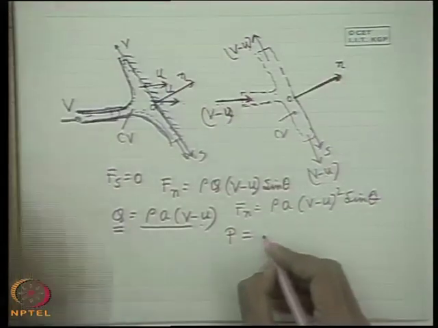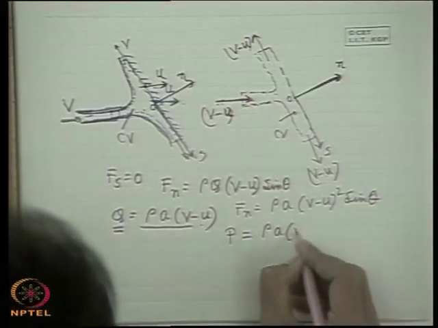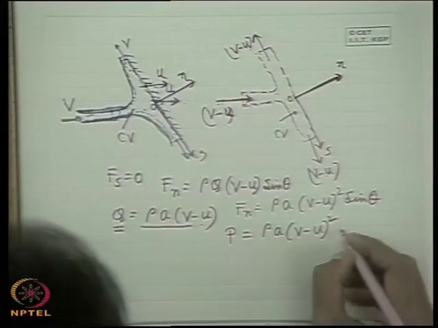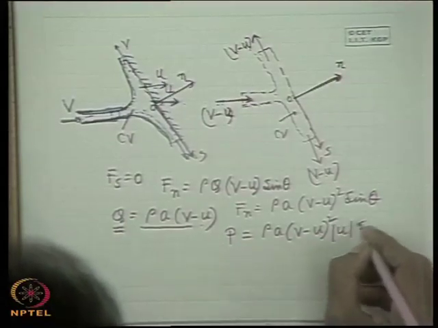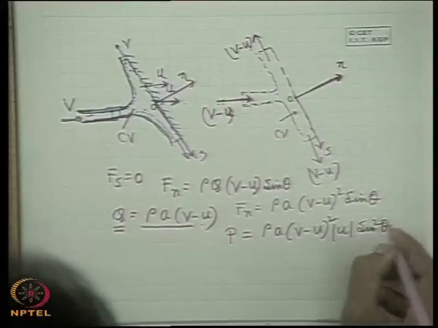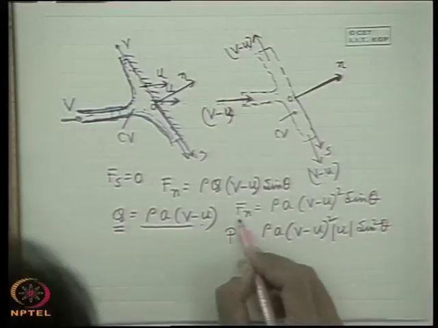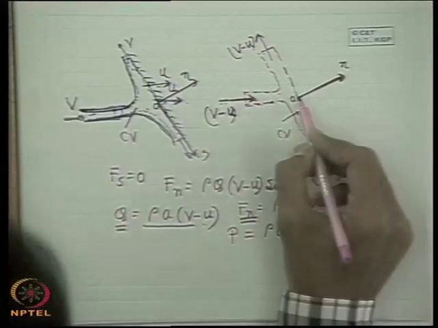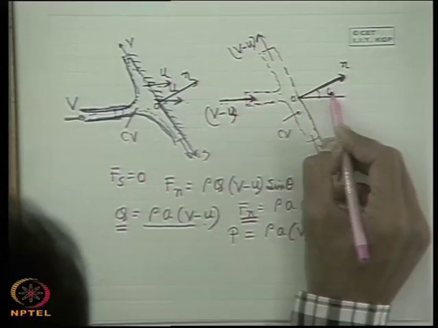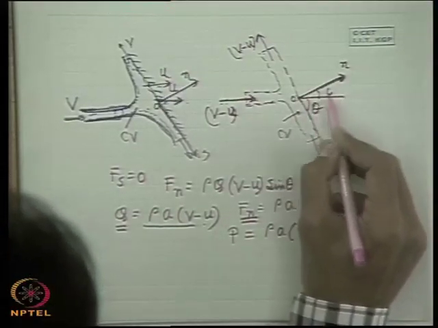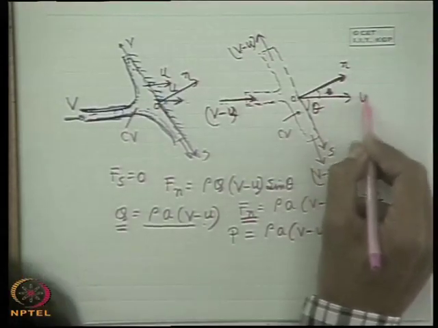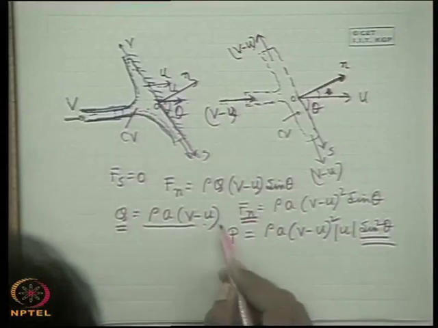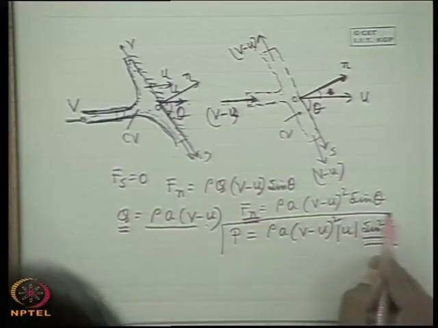Therefore, we can write rho A (V minus u) square sin square theta, and u as usual, because this is Fn into u sin theta. Here theta is defined like this, so the component will be sin theta. So, this is the expression for the power.